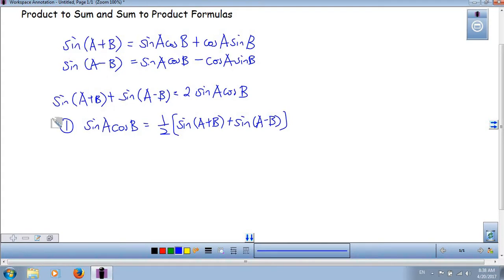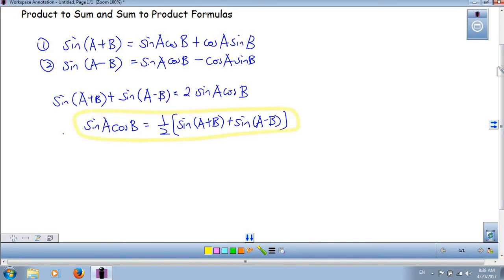Let's call this equation 1 and equation 2. This first product to sum formula came from equation 1 plus equation 2. Now let's do equation 1 minus equation 2.